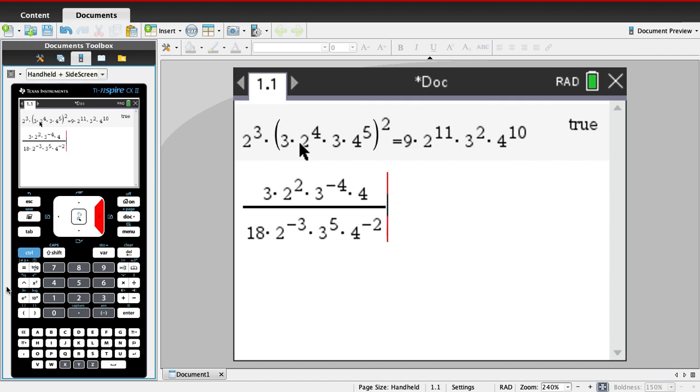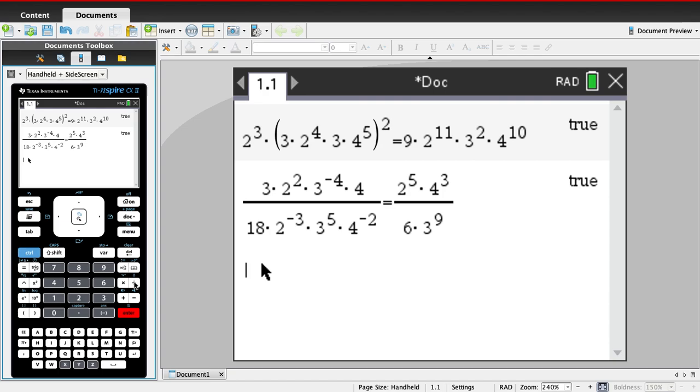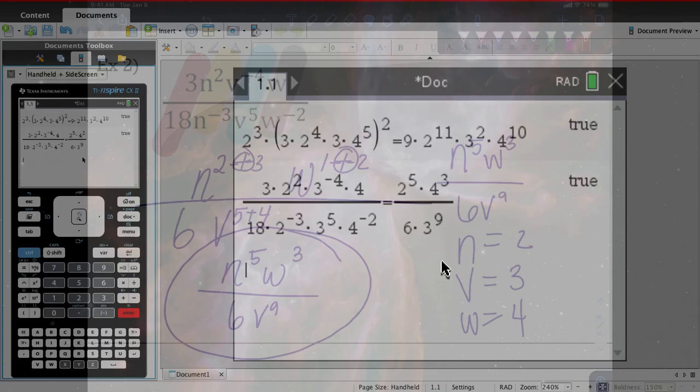And I'm going to ask my calculator, is that the same exact thing as what I got over here, which is, oh, excuse me, let me set up that fraction. There we go. 2 to the power of 5 multiplied by 4 to the power of 3, all divided by 6 times 3 to the power of 9. And I got a true, so this one is correct.